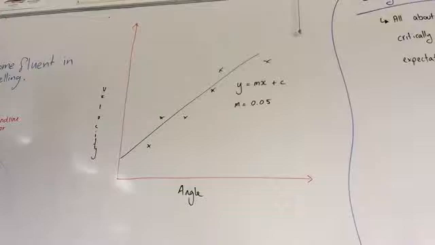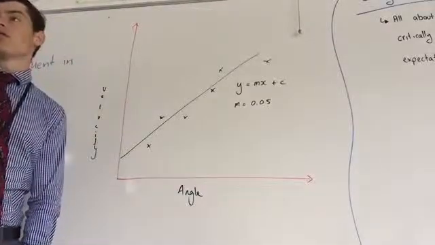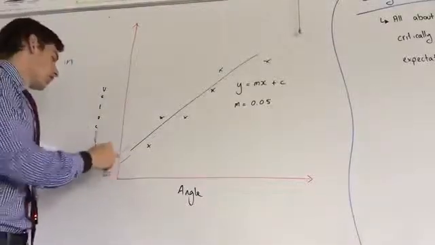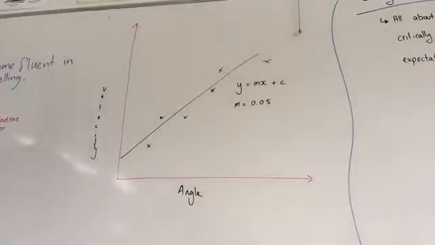What does the gradient of that line tell us about this process? For every change in whatever angle, you get a 0.05 change in velocity. Good. So for every degree I increase, my velocity goes up 0.05 meters per second.